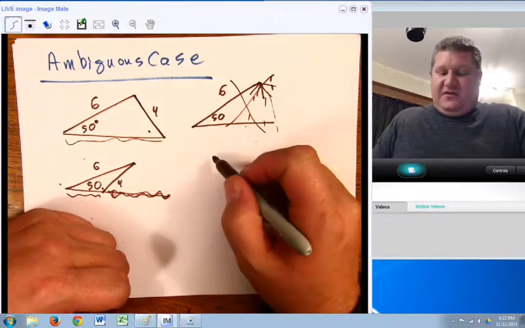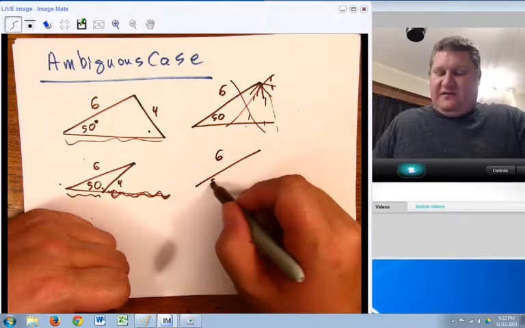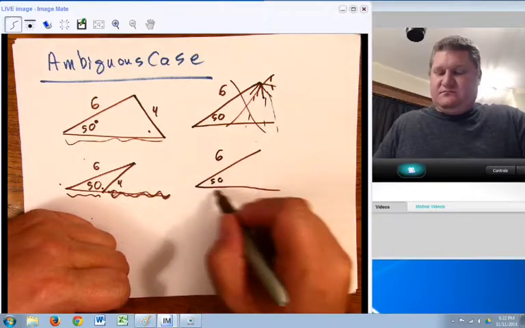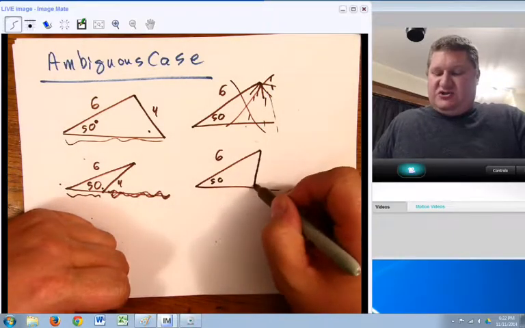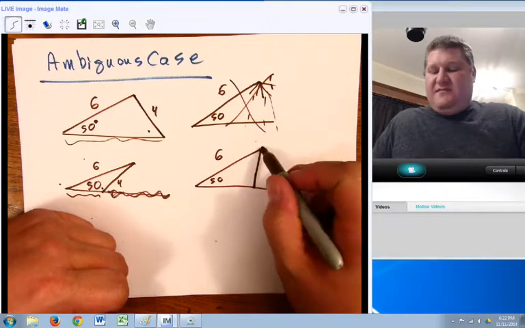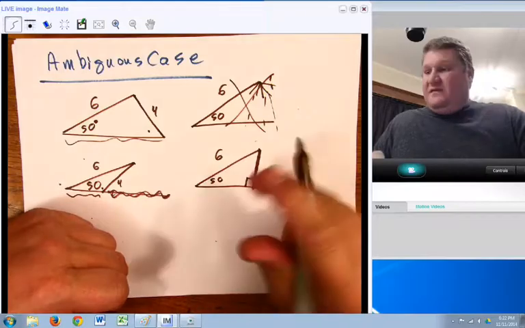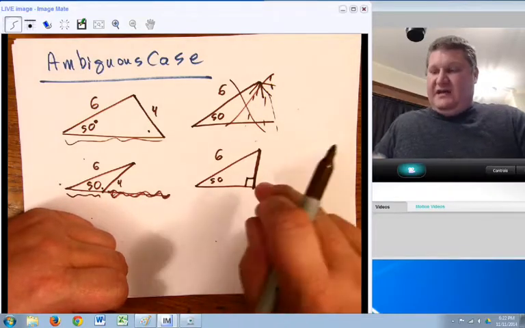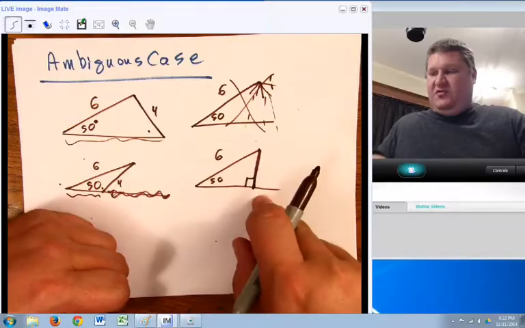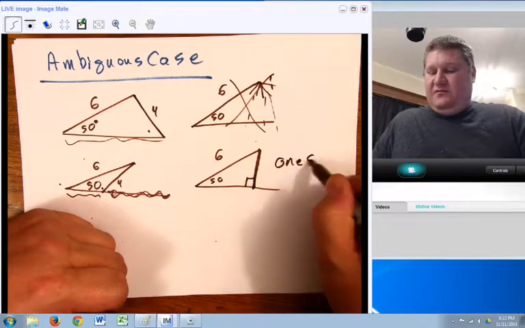If, on the other hand, I have this 6, and I have this 50, and I have a side that's just long enough to make the opposite side and the angle 90, that's a possibility. It could make exactly 90 over here. And that's going to be one possible solution.